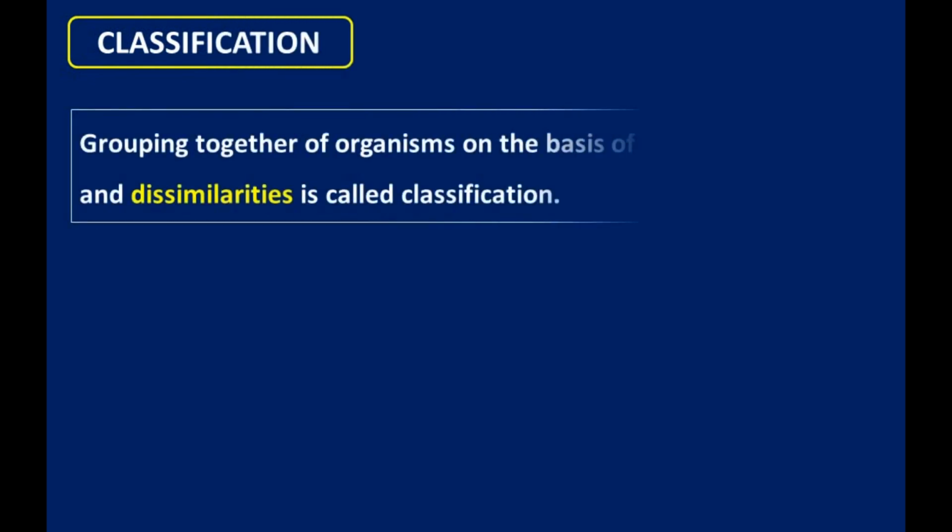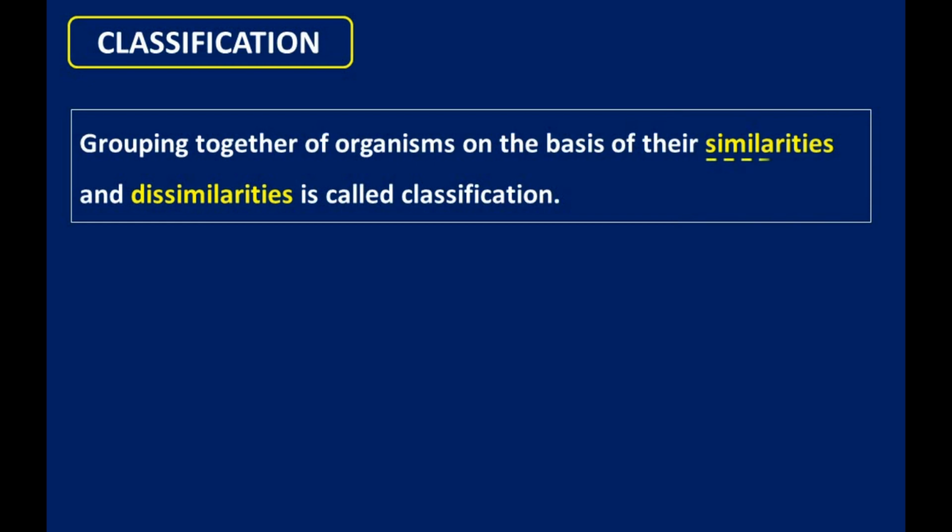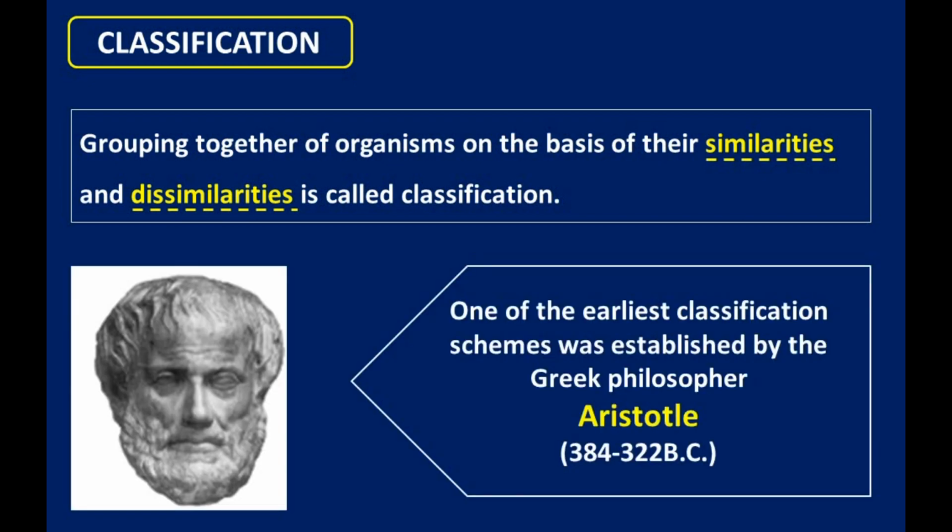Classification is the grouping of living organisms together on the basis of their similarities and dissimilarities. One of the earliest classification schemes was established by the Greek philosopher Aristotle.